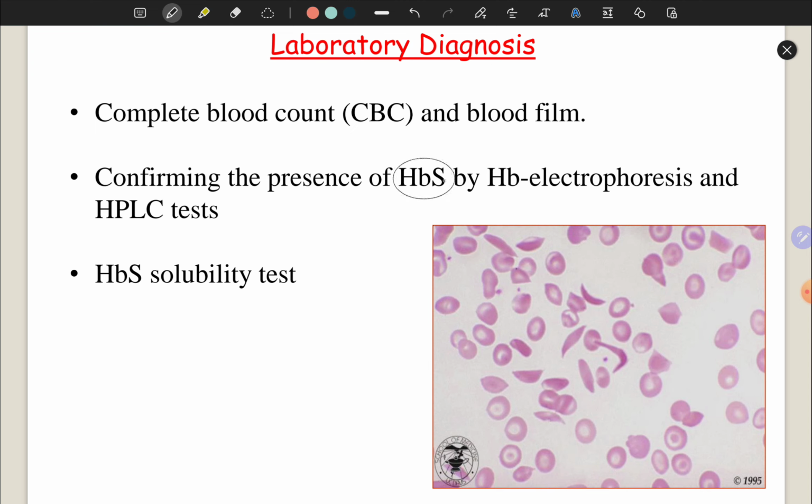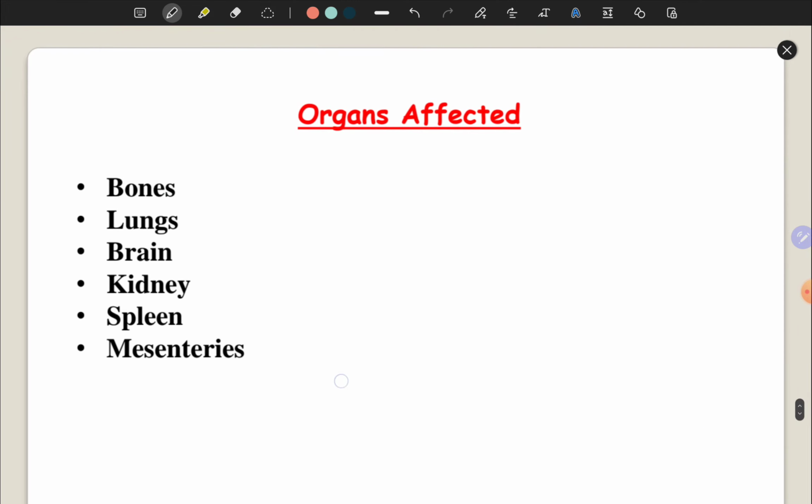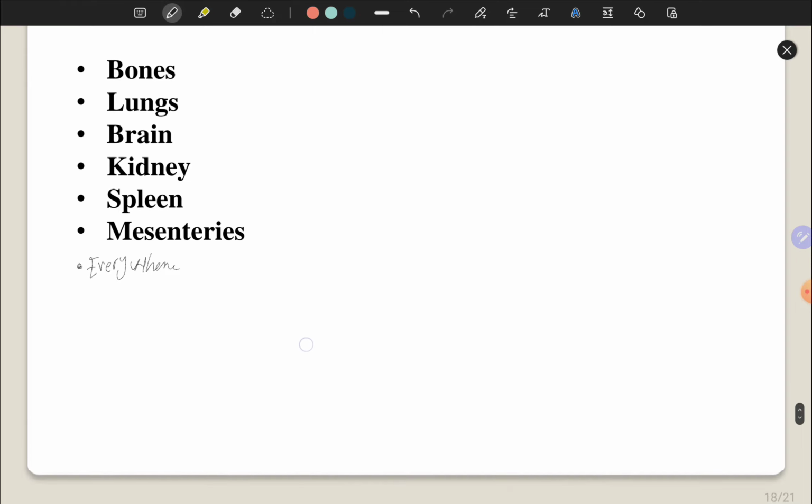Okay, organs affected, I think it's expected to know all the organs are affected: bones, lungs, brain, kidneys, spleen, mesenteries, wherever you like to expect there is sickling. Now, what's important is the precipitating factors. Why is it important to know the precipitating factors?